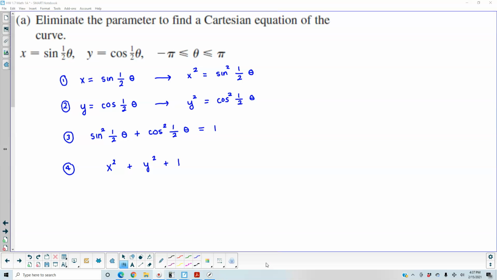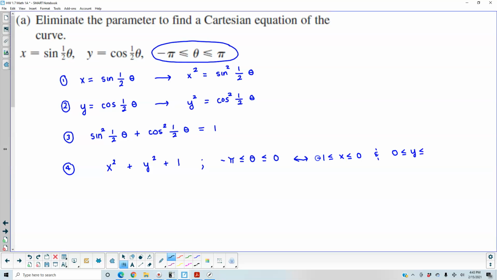Now when we're looking at this restriction up here, we're going to go from negative pi for theta to 0. And if that's the case, then what does it tell us for x and y? Well, that tells us that x is going to be in between -1 and 0, and y is going to be in between 0 and 1.